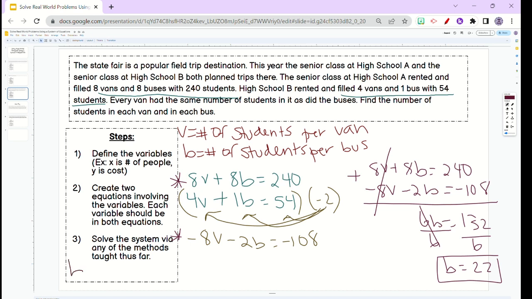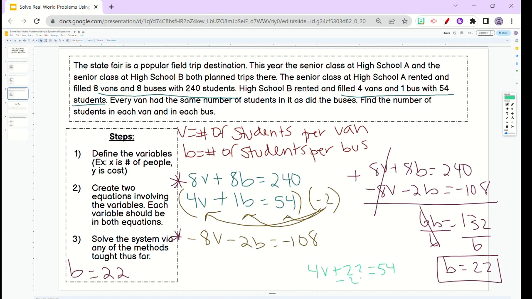All right, so the number of students in each bus, there are 22 students per bus. Once you get B, now you want to plug it into one of these equations, which in this case, I'm going to plug it into this second one. I think it's easier to plug it into the second one. So we have 4V plus 1B. Well, 1 times B is 22, is equal to 54.